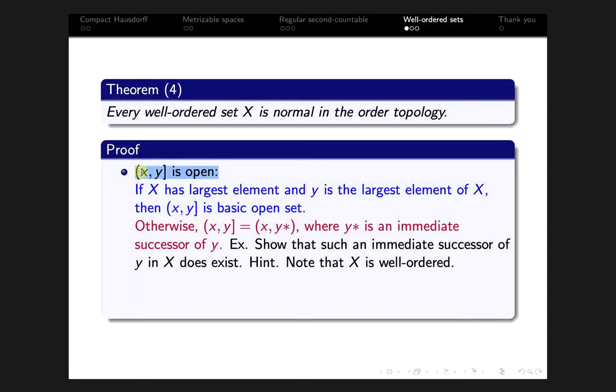So by definition, when X has a largest element and Y is the largest element, this is a basic open set in the order topology.